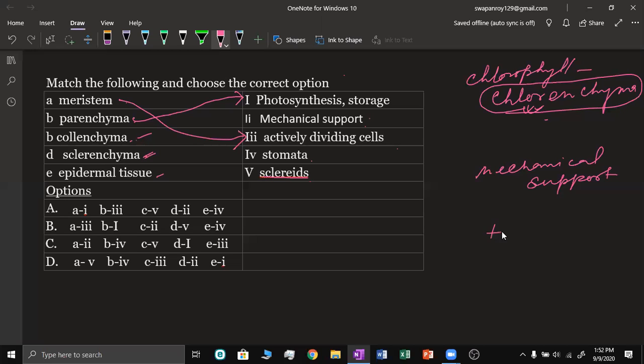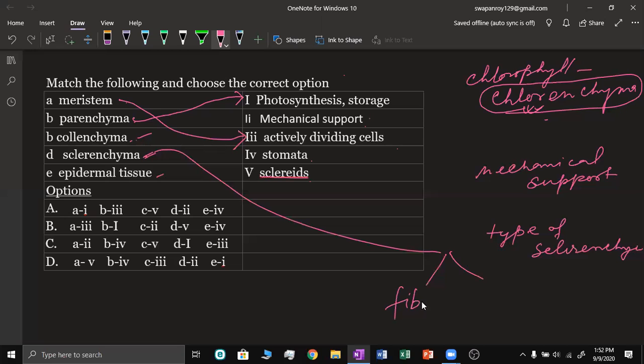Sclerid is a type of sclerenchyma tissue, because sclerenchyma is of two types: one is fiber and another one is sclerid.